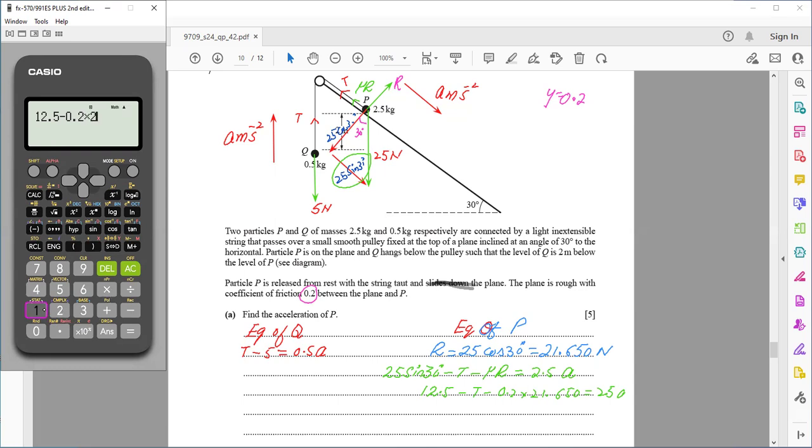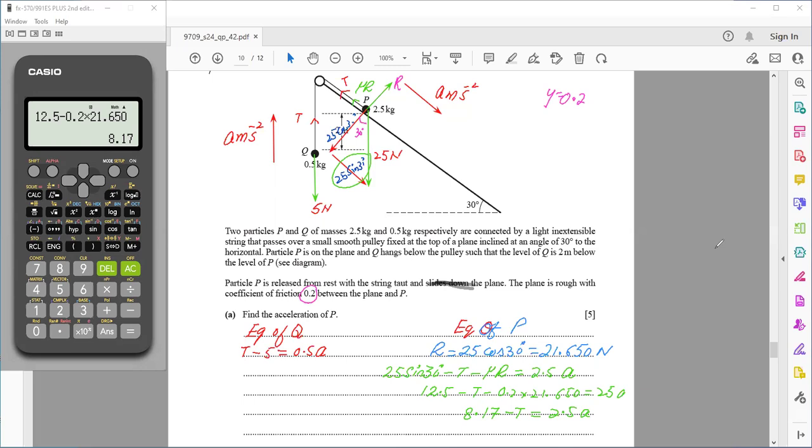The answer is always positive over here, 8.17. So 8.17 minus T is equal to 2.5A.